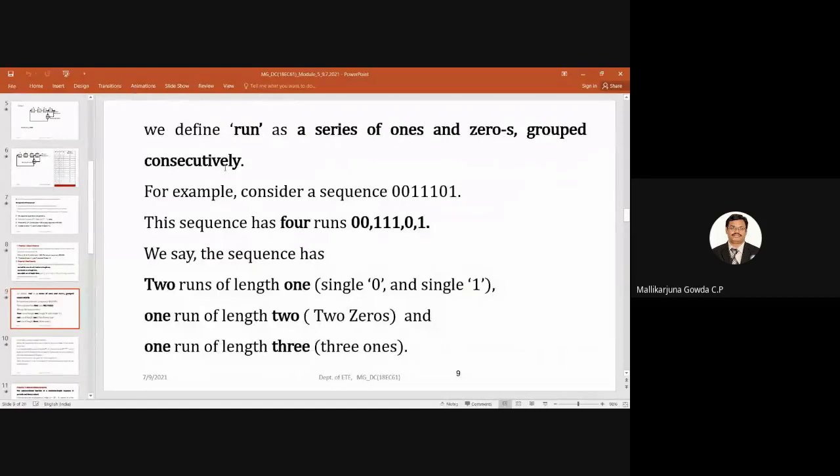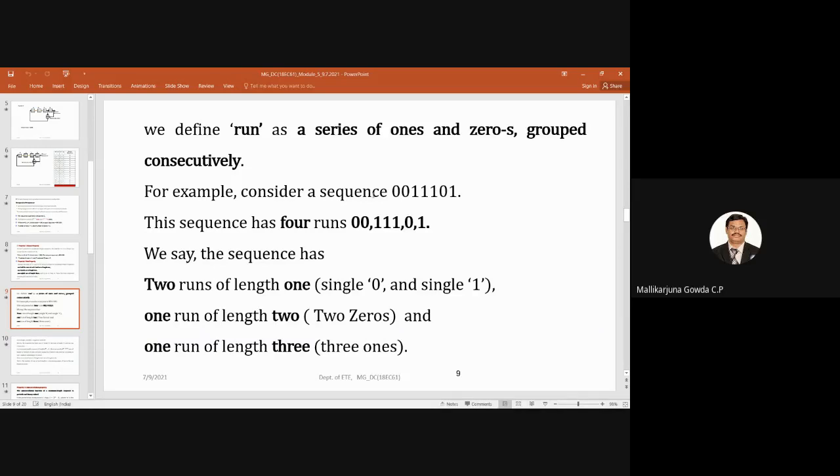So what do you mean by run? How do we define that? A run is a series of ones and zeros grouped consecutively. Say, for example, for the sequence we have considered, 00, 111, 0, 1, I can say there are 4 runs.